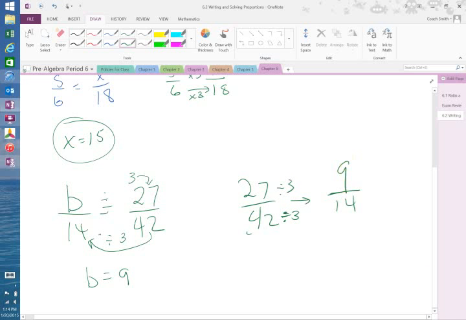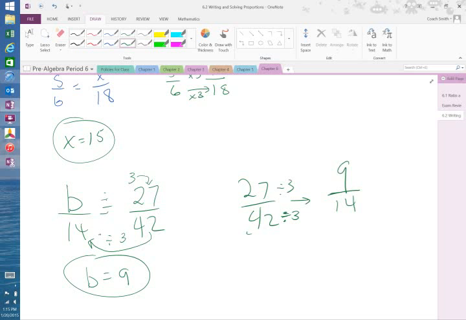That makes that 9. So B equals 9. If you're going from the larger fraction back to the smaller fraction, then obviously you have to divide. If you're going from the smaller numbers to the larger numbers, then you're multiplying. So you have to look at whether you increased or decreased the number where you're looking for it.